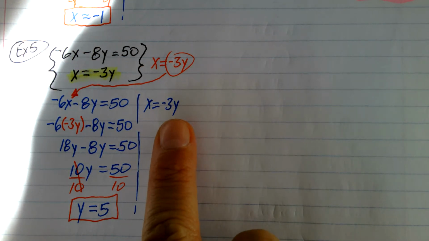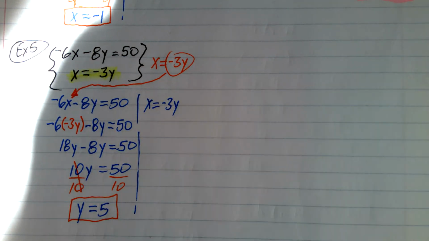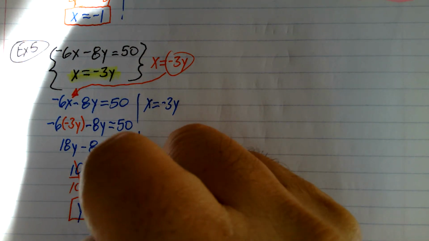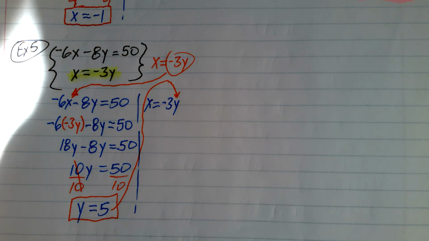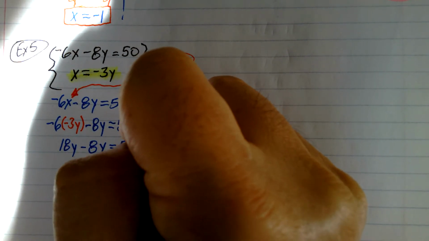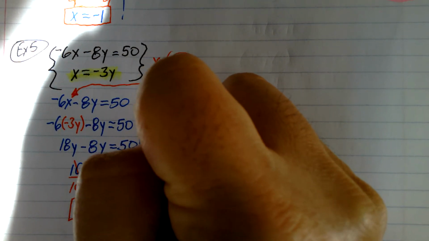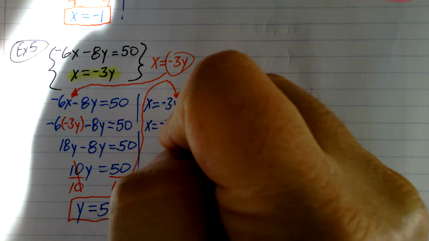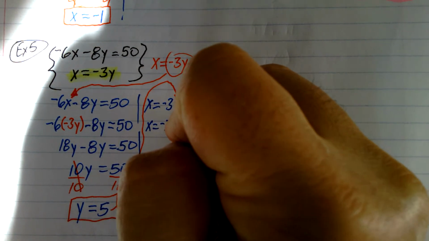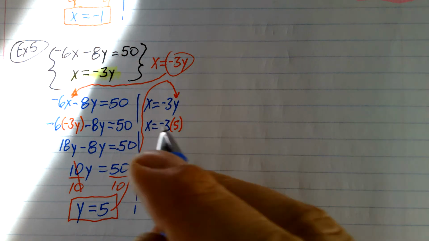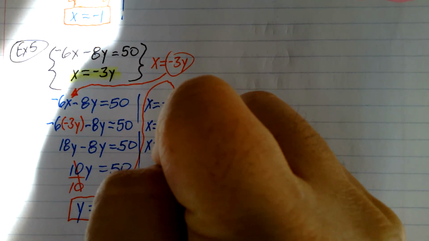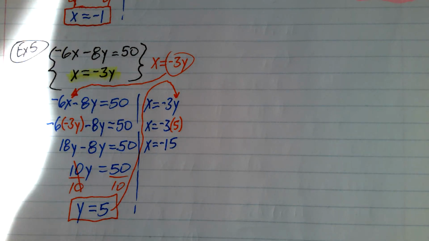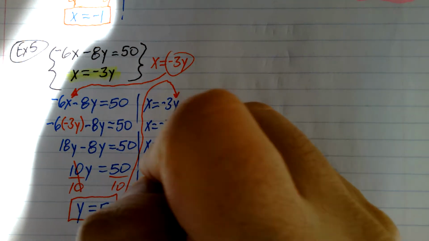All right. I'm going to bring down this equation, x equals negative 3y. And I want to replace y with 5. I know y equals 5. It's going to go in there. So I get x equals negative 3 times, not y, but 5. So then I multiply that.